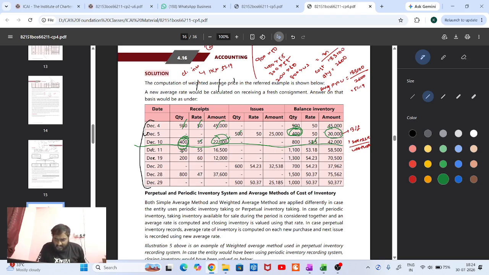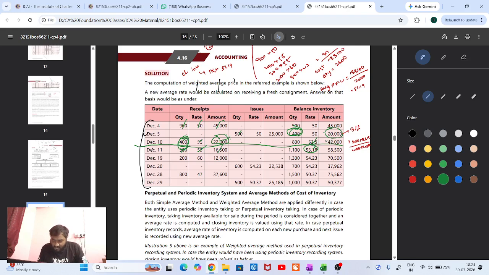Then we have purchased another 300 at 55, that is given in the question, right? And how does this value come?